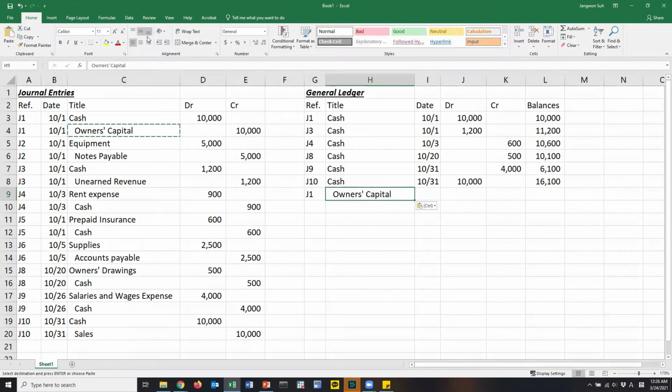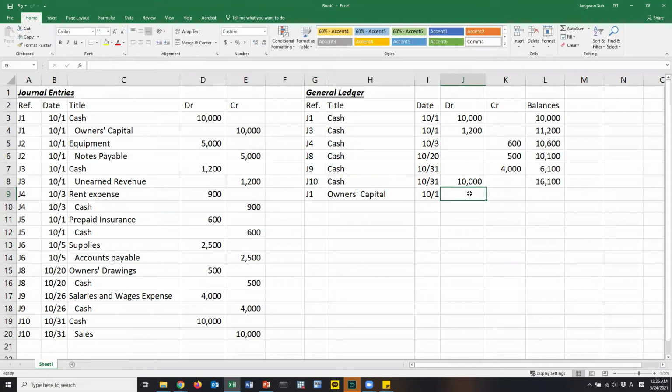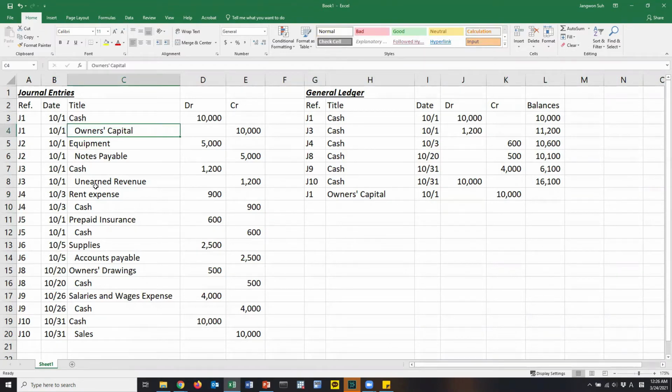We can see that the date is the first date, and it is on the credit side. That's it, for owner's capital. All right, cool. And then let's move on to the equipment. When it comes to equipment, we can see that it is found on J2, equipment.